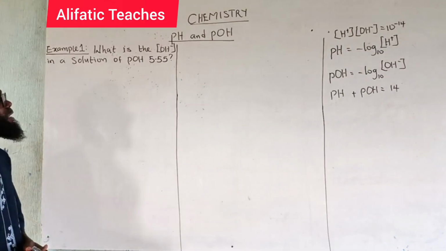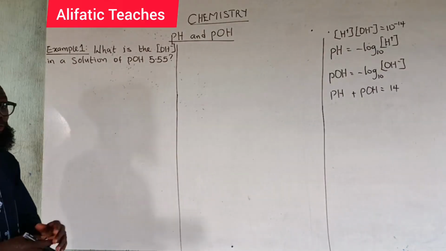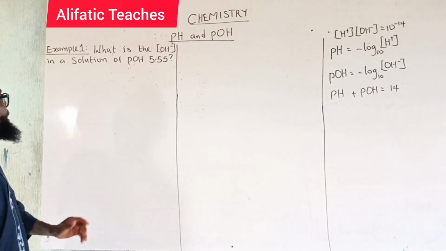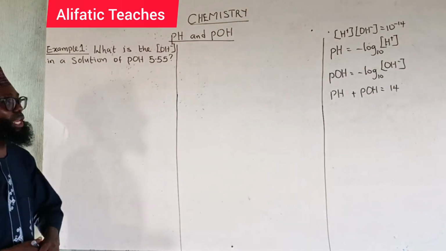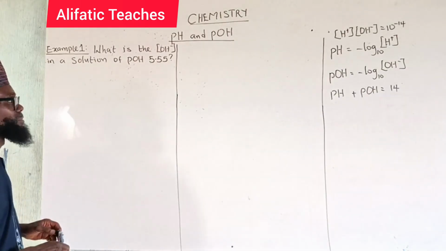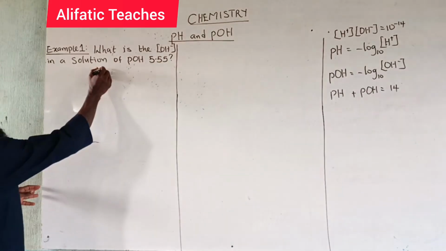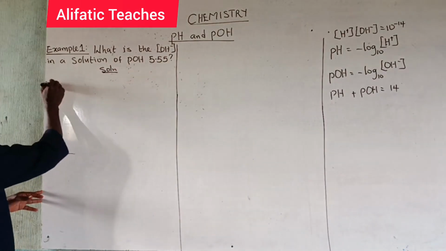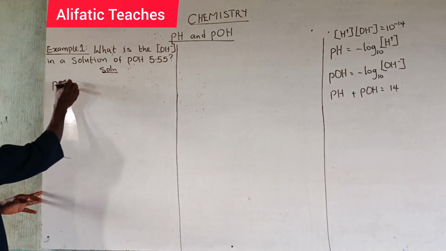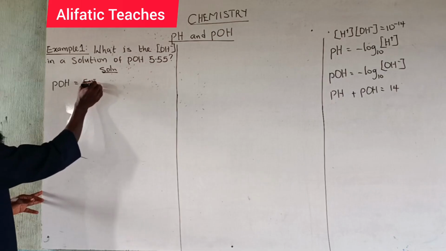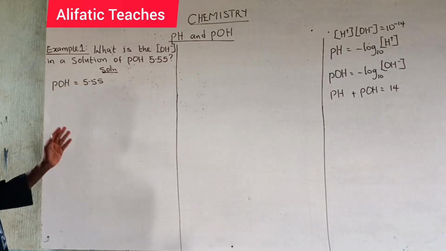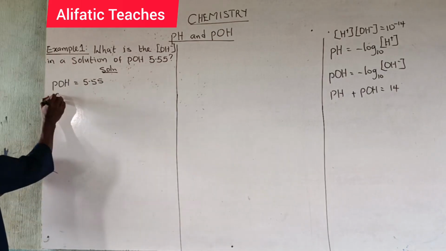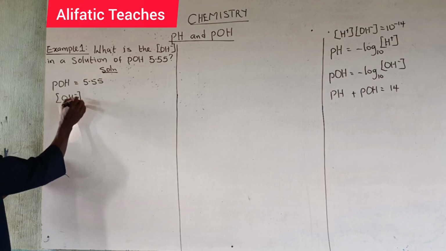Example 1. What is the hydroxyl ion concentration in a solution of pOH 5.5? We are given pOH equal to 5.55, and we are asked to find the concentration of the hydroxyl ion.